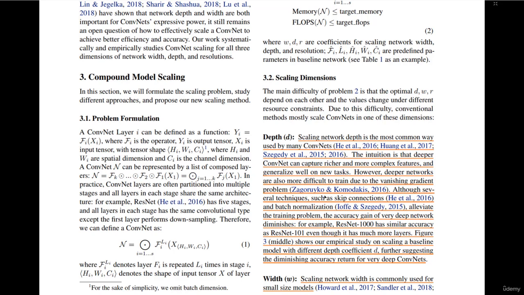So as you could see clearly from here, the authors are trying to tell us that even though the ResNet comes to solve this problem of vanishing gradients and enables us to go even deeper, there are always limits. As we can see clearly, if the ResNet-1000 has similar accuracy to ResNet-101, then it means at a certain point the accuracy kind of plateaus.